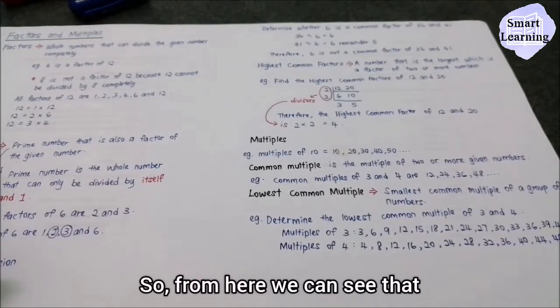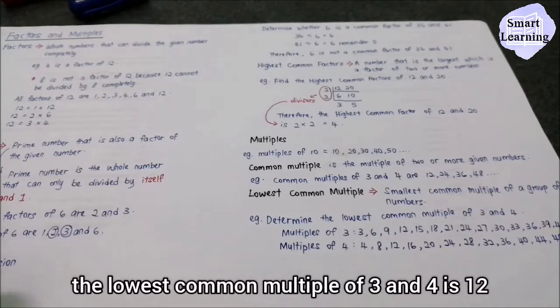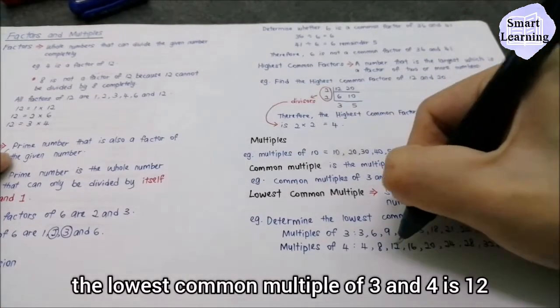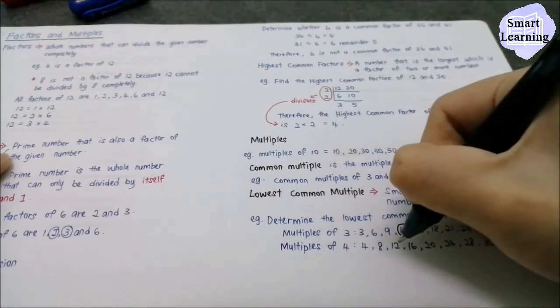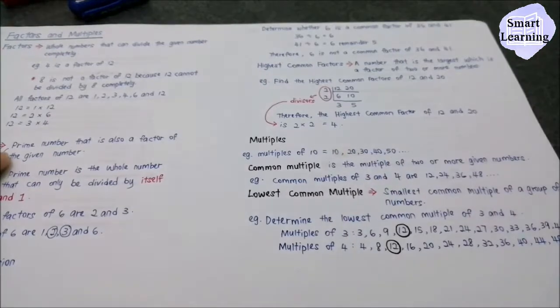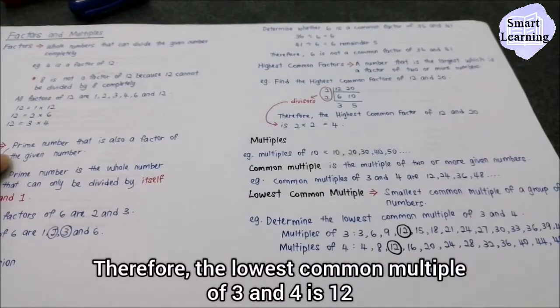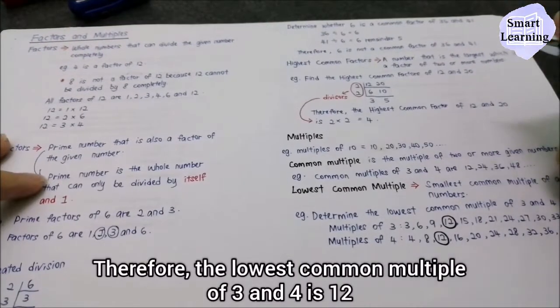So from here, we can see that the lowest common multiple of 3 and 4 is 12. Therefore, the lowest common multiple of 3 and 4 is 12.